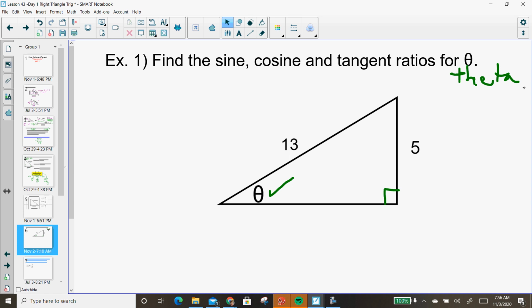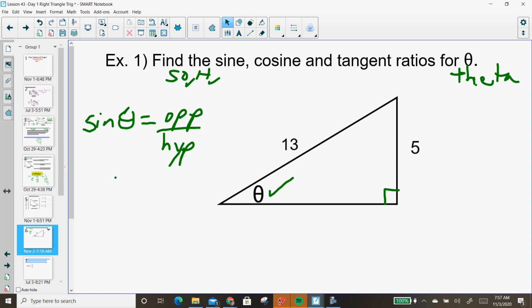So if we want sine, cosine, and tangent. So sine, and we have to have an angle there. There's no such thing as just sine. It has to always be sine of some angle. It needs to be SOHCAHTOA. It needs to be opposite over hypotenuse.